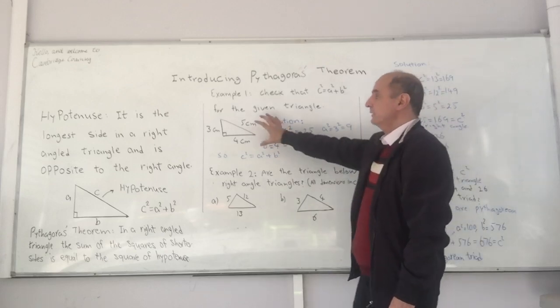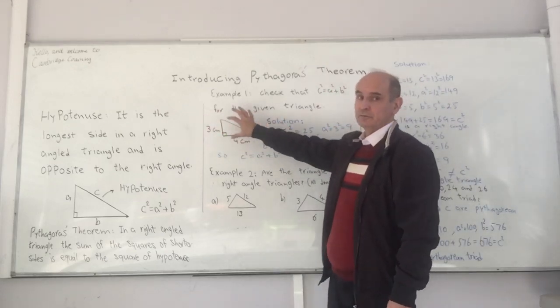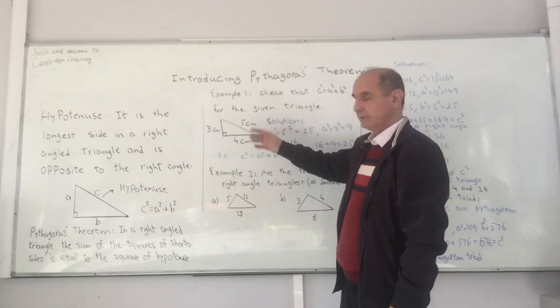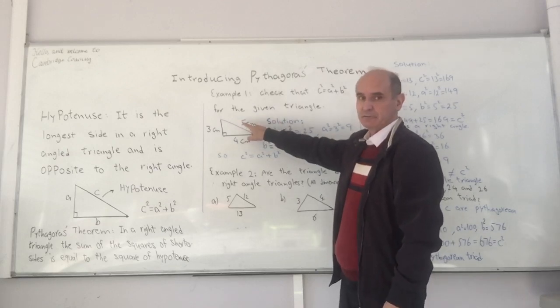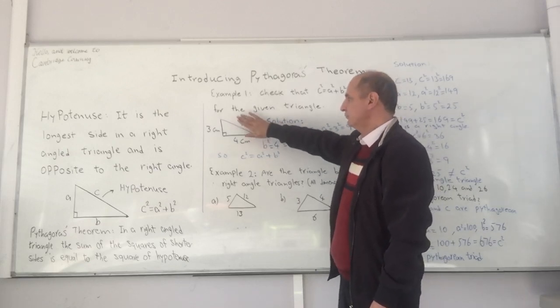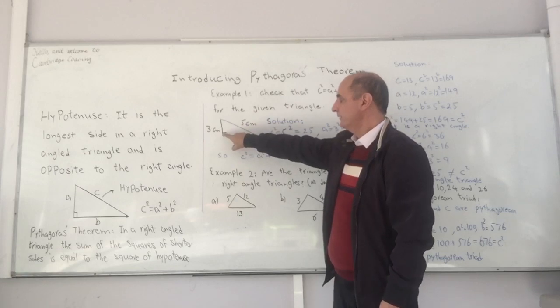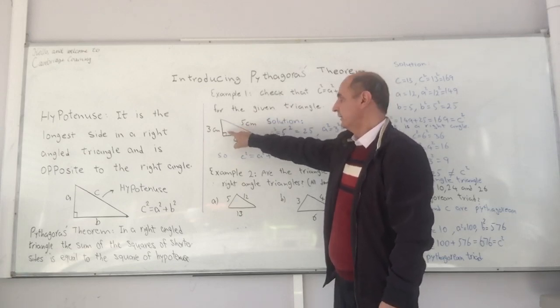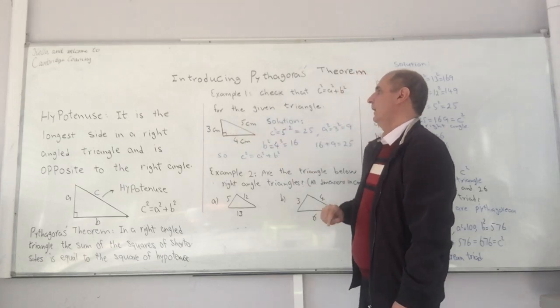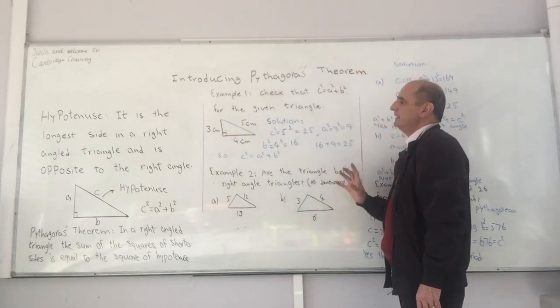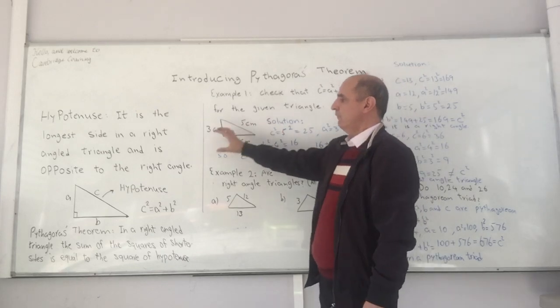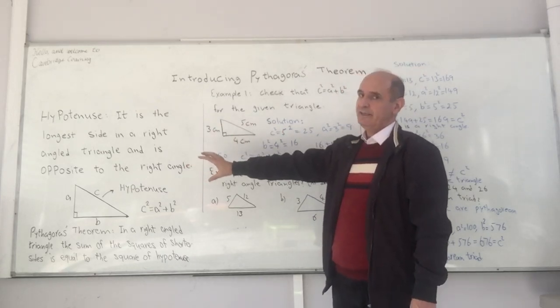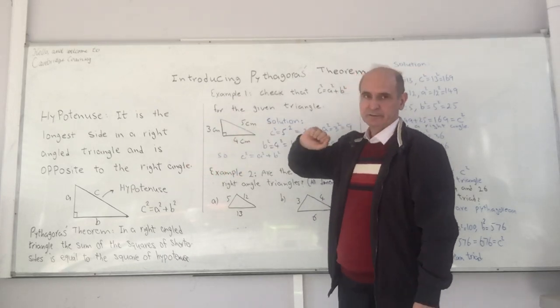So which one of them is going to be the hypotenuse? The longest one, which is the 5 centimeter one. Or, if you didn't know that, the one opposite to the right angle is your hypotenuse. Okay, we got to see if what Pythagoras says is correct about this.